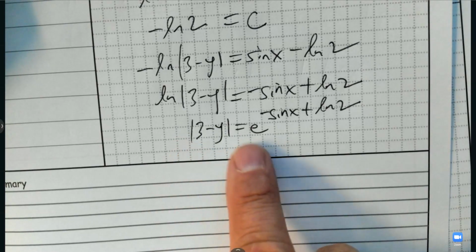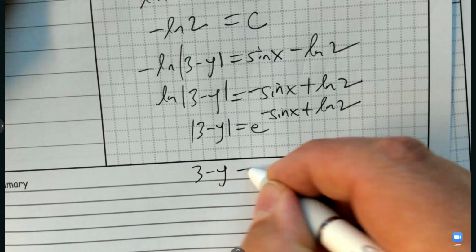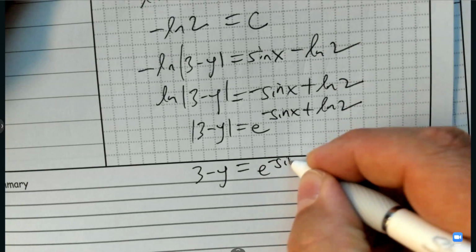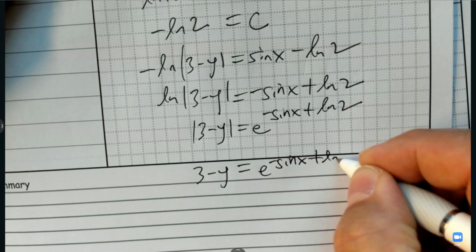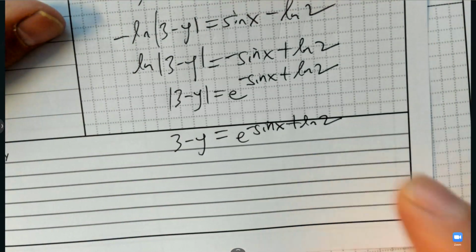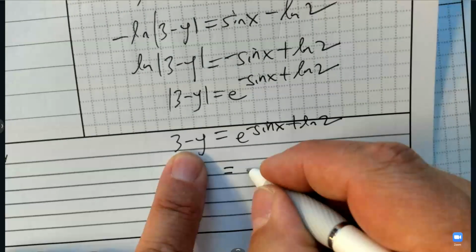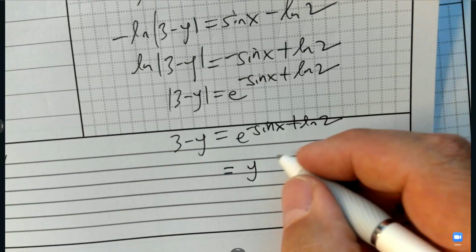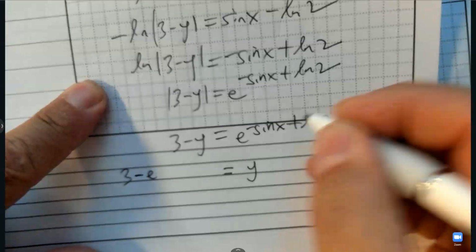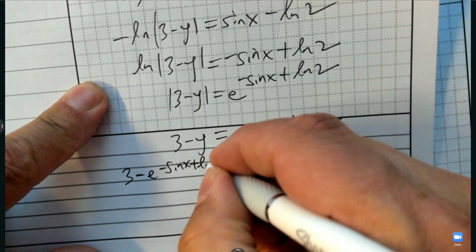Now, when I remove the bars, it's important to know that the y-coordinate is positive. And then I want to rearrange this. So for me to rearrange it, I'm going to add y, and I'm going to subtract e. So it'll end up being 3 subtract e to all of this, negative sine x plus ln 2.